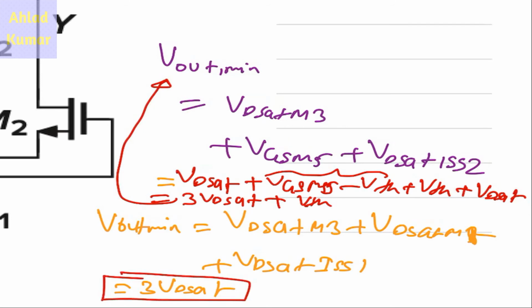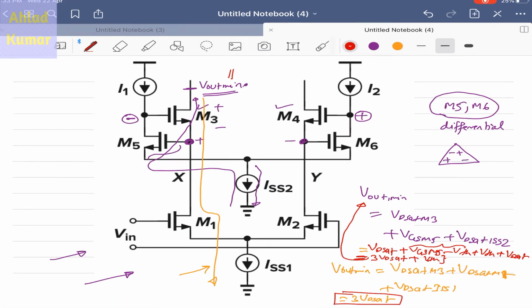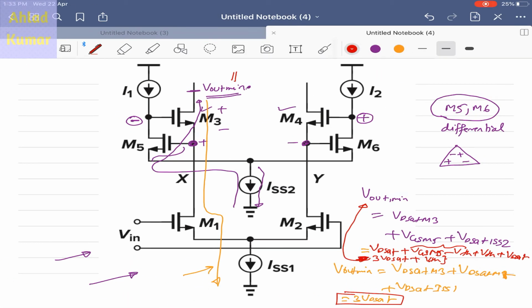In order to compare, we see that this term will dominate because it is plus VTH. And why will this dominate? Because it has to take care of M5 and this ISS2. If we say that Vout minimum is 3 VDsat, then it might happen that M5 goes into triode. So we have to use 3 VDsat plus VTH so that every transistor in this circuitry is in saturation.